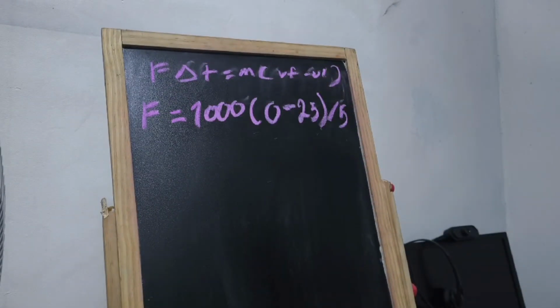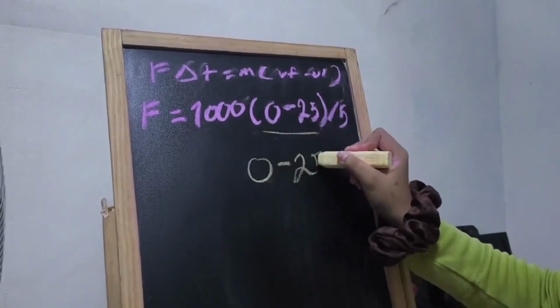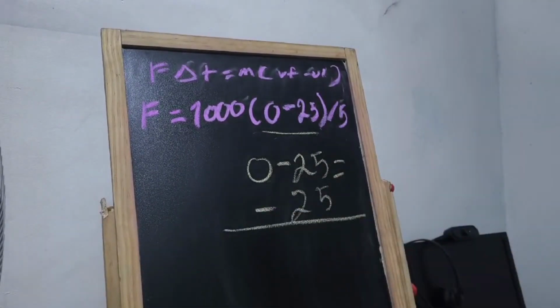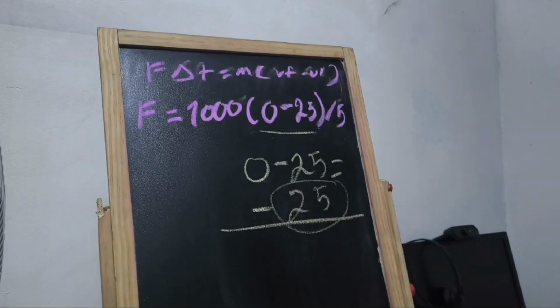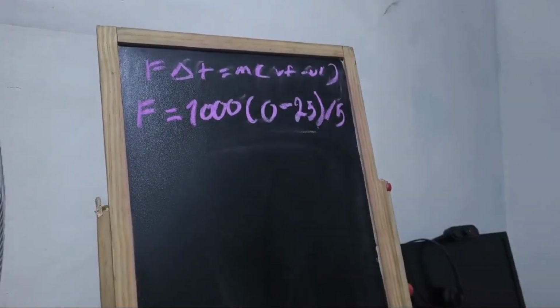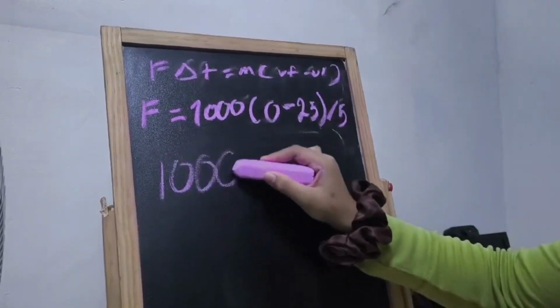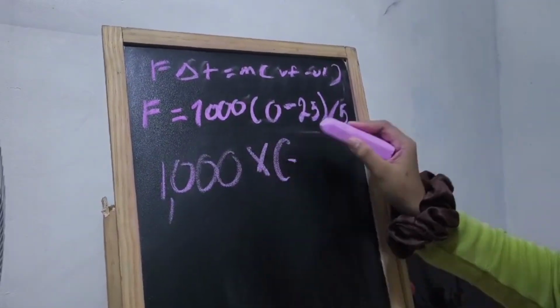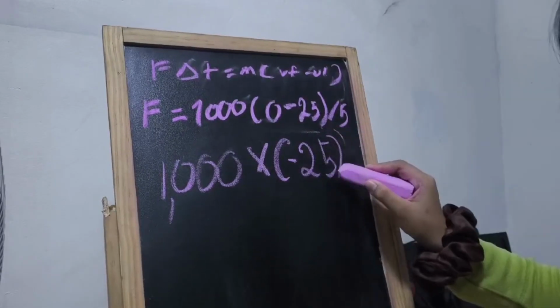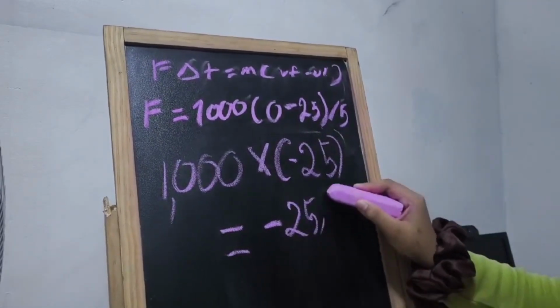The first step in solving this for the dry road is to subtract the velocities. Zero minus 25 is equal to negative 25. After subtracting the velocities, we will multiply by the mass. The mass is 1,000. Negative 25 times 1,000 is equal to negative 25,000.